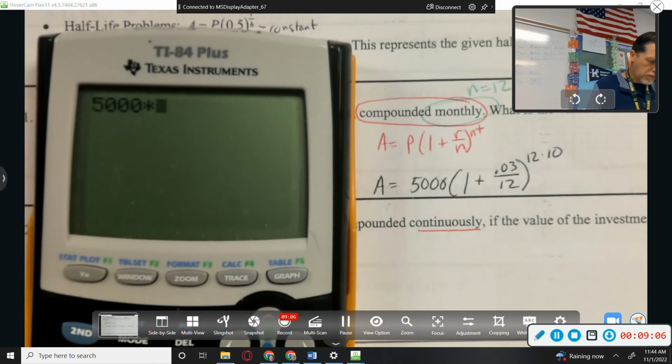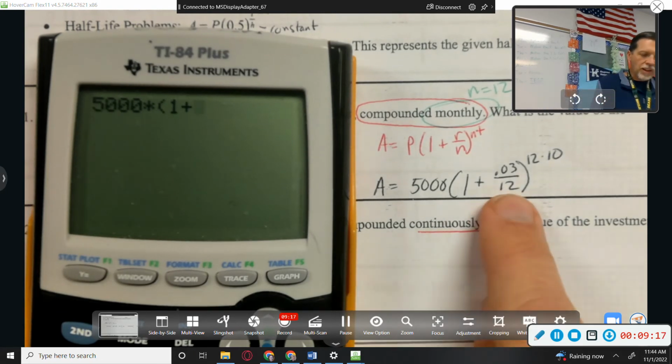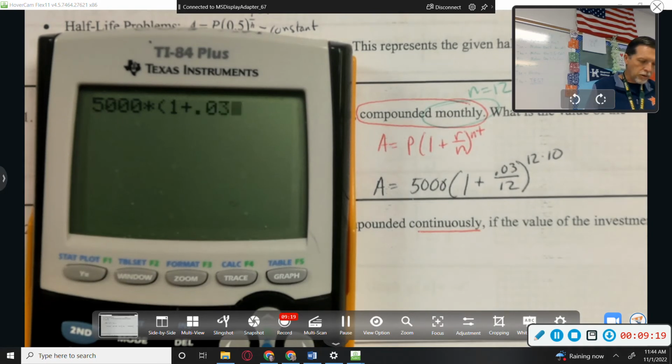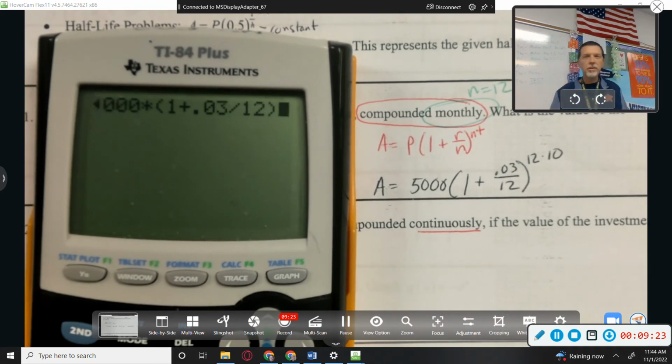5,000 times parentheses 1 plus. Some people are going to use the fraction bar. Some people don't like the fraction bar. I don't think it's really necessary when you're just doing 0.03 divided by 12. It's more important when the fraction's kind of crazy and you need to be careful.